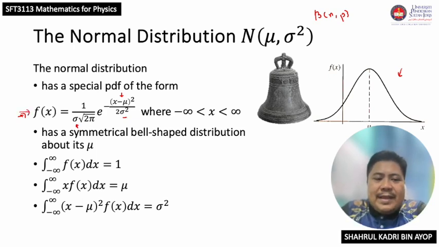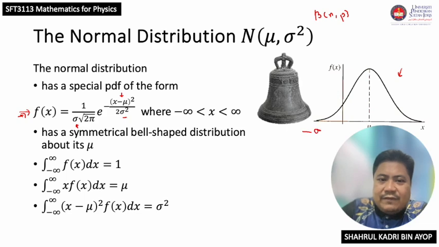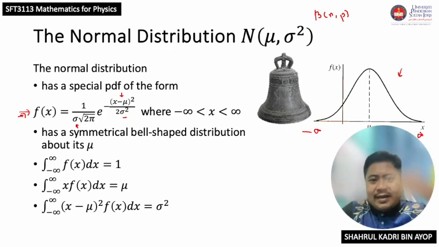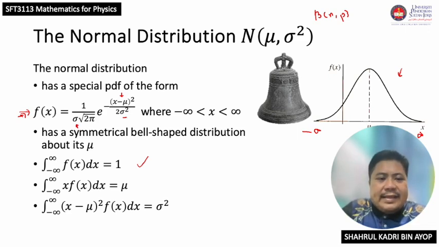And if we take the definite integral from negative infinity to infinity, when we calculate the area under the graph, it is equal to 1. This is normal because the total probability must be equal to 1 for anything to occur in the distribution. Okay, and then its mean value can be calculated.